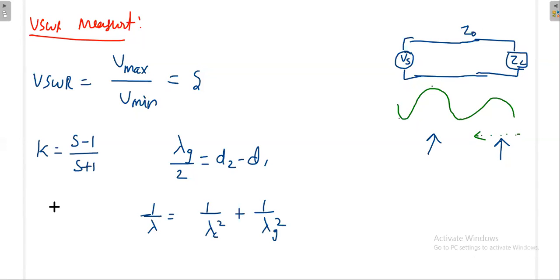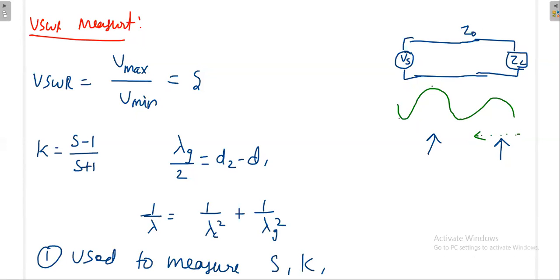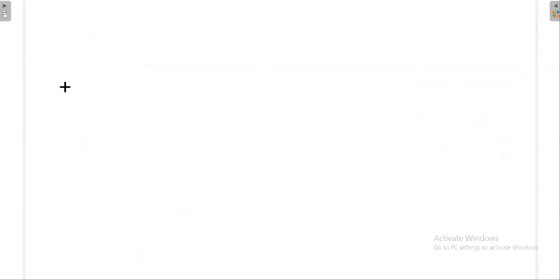So the VSWR measurement is used to measure S, K, lambda and F, because once you know the wavelength, you can also measure the frequency. Yes sir, 1 by lambda square.